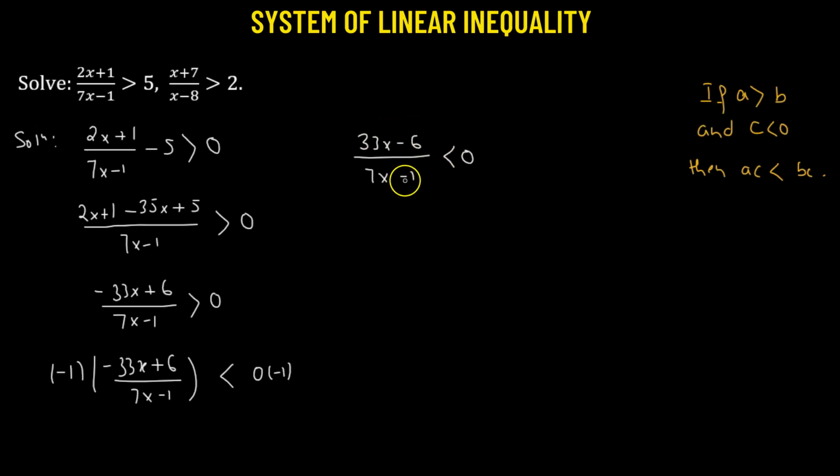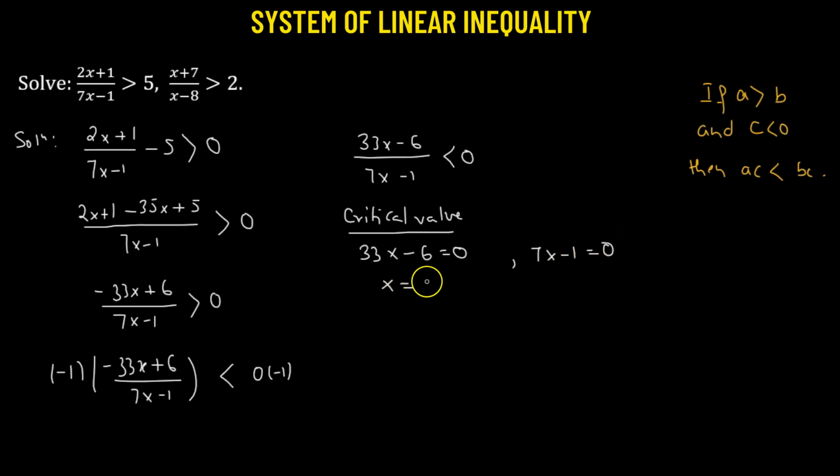Now to find a solution to this inequality, all we have to do is find some critical values. Critical values are the values at which the numerator and the denominator go to 0. So we'll equate the numerator 33x - 6 to 0, and we'll also equate the denominator 7x - 1 to 0.